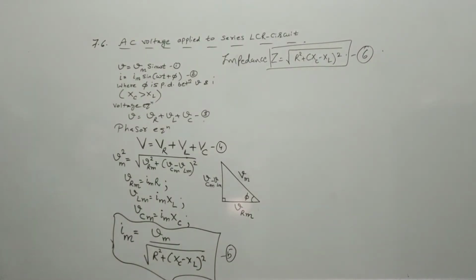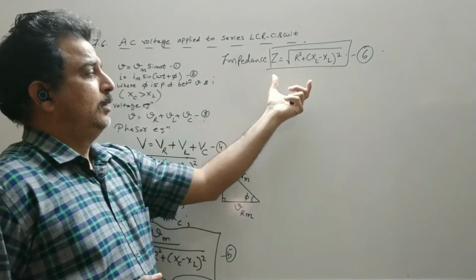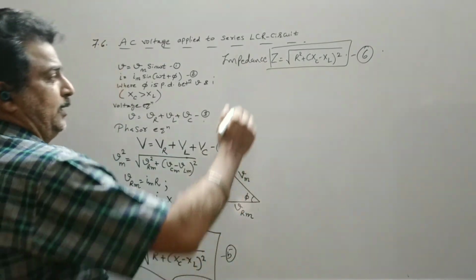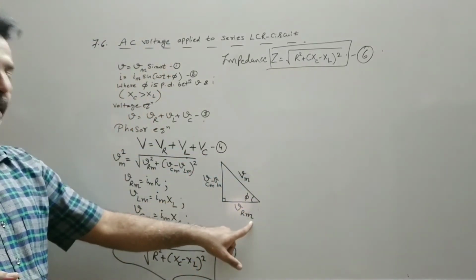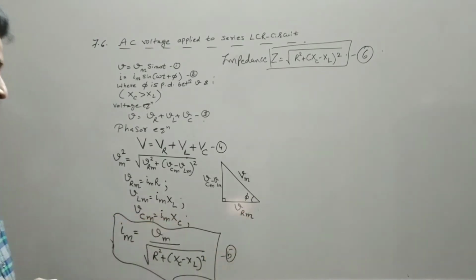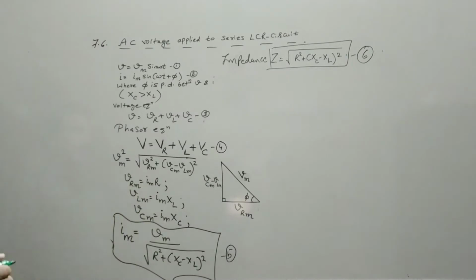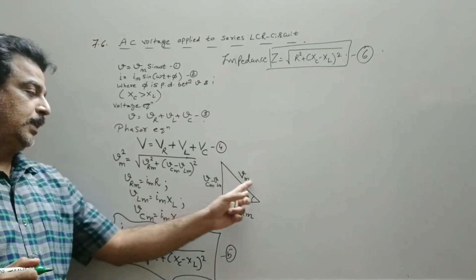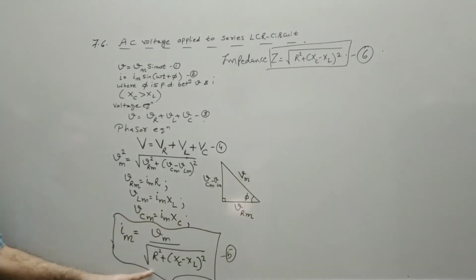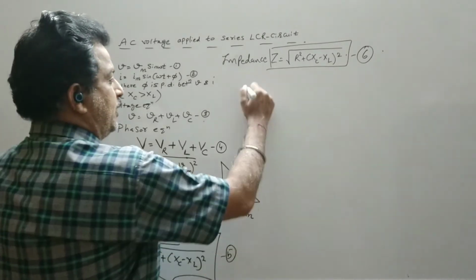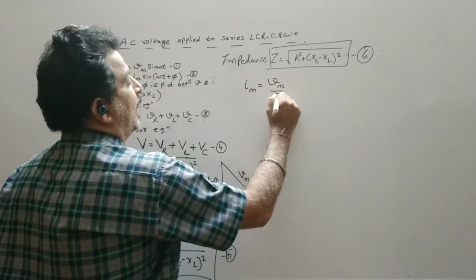Now if we draw the impedance diagram, from the figure this is VRM, which can also be written as IMR. Similarly, Vm can be written as IMZ, where this is your Z. So the other form of this equation is Im equal to Vm upon Z.